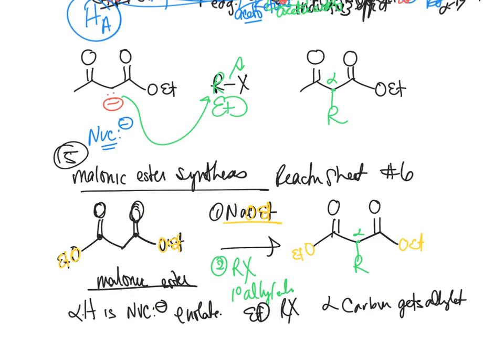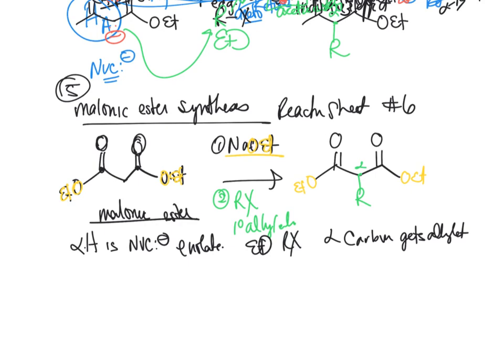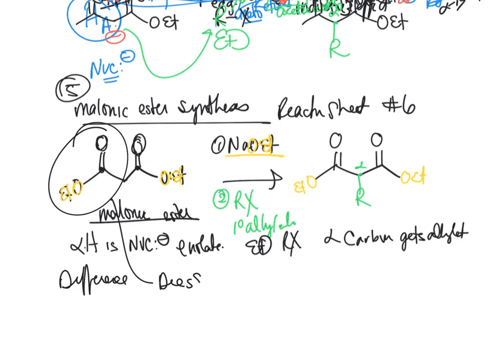What about the difference? The difference in the malonic ester will be the end product, and it's because you have a diester. Here your product is a diester. There it's just a single ester.